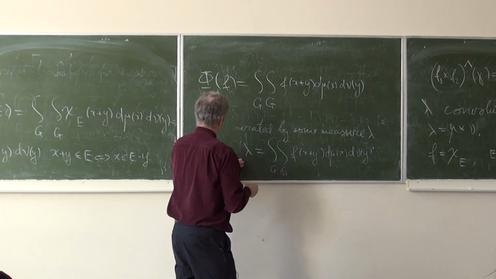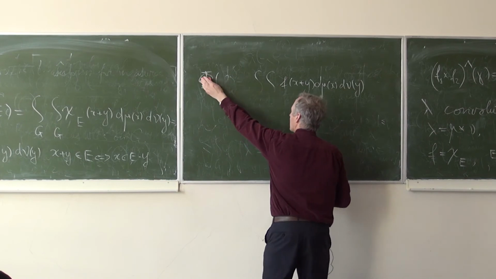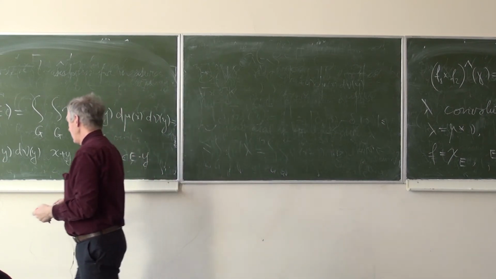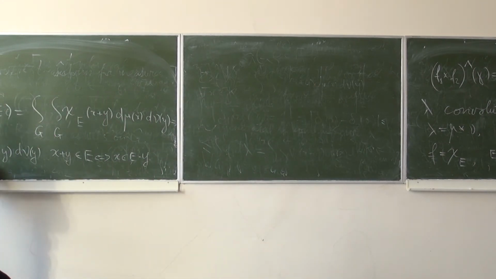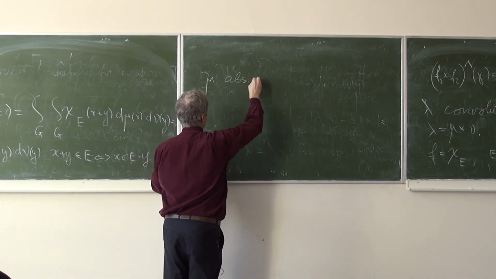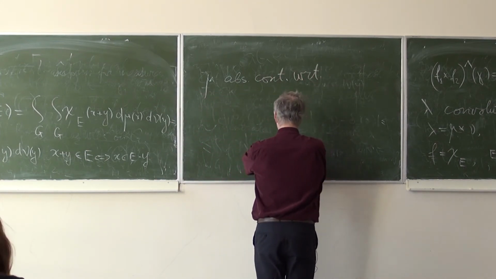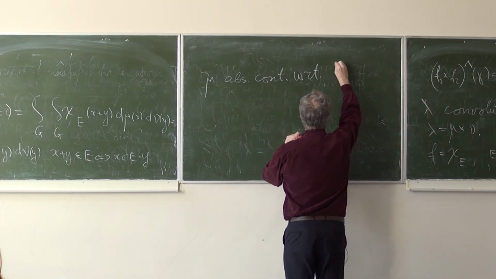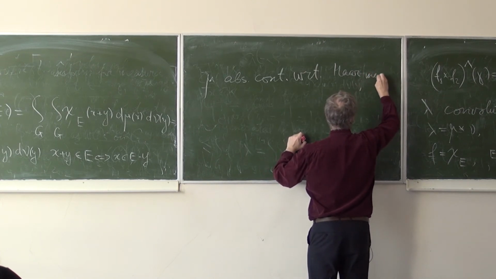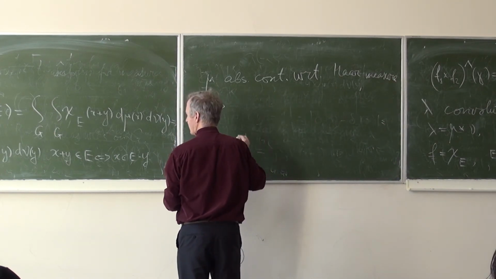From this formula, it follows that if mu is absolutely continuous with respect to the Haar measure, then so is the convolution.